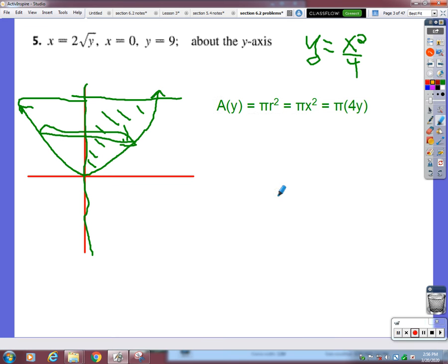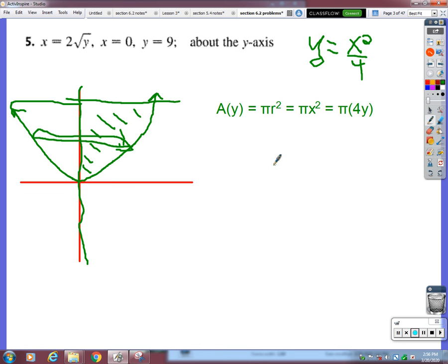So that's fun, because now not only can I pull the pi out to the front, I can pull the 4 out to the front also. Then I'm integrating from 0 to 9, because everything is sideways. And I'm doing y, antiderivative of plain old y. And, say, where'd my music go? 1 half y squared.